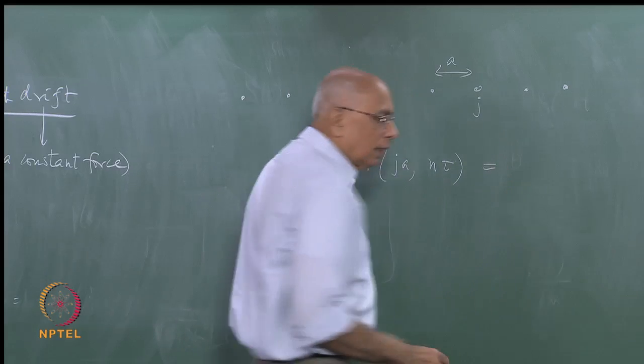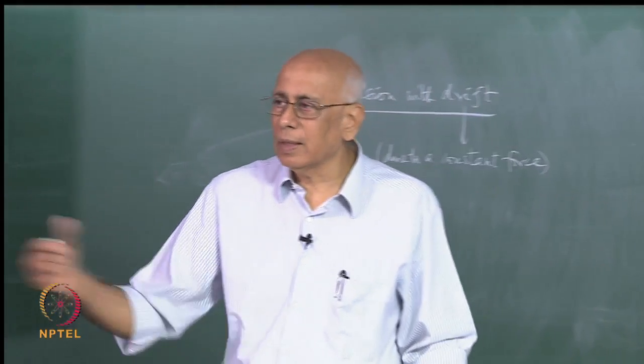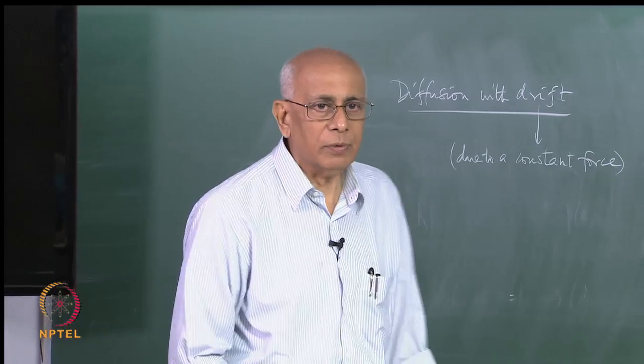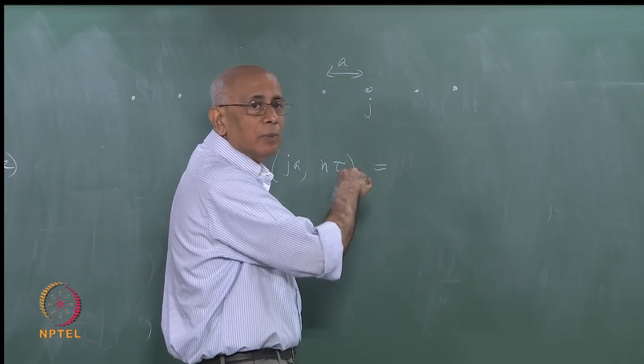What is this equal to? Well, in the previous step he should have arrived at one of the two neighbors, either the neighbor to the right or the neighbor to the left, right. And then we need to know the probability of a jump to the right and the probability of a jump to the left.